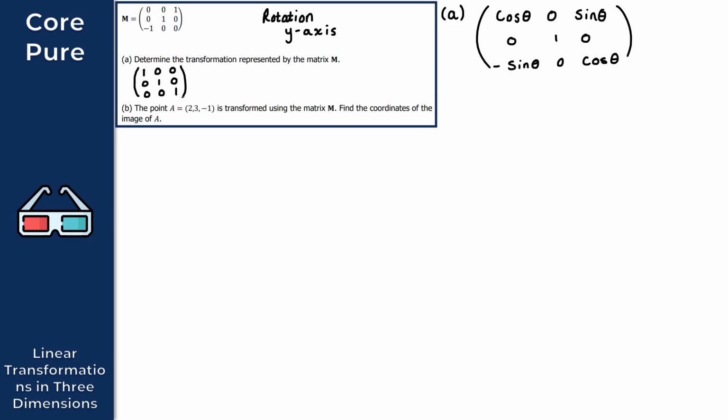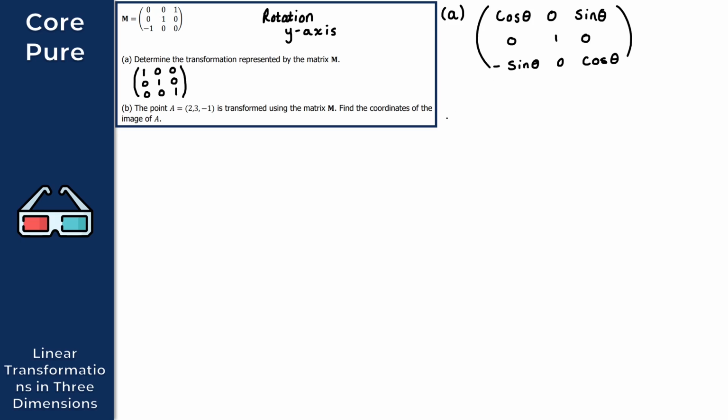Now, to identify the angle of rotation here then, I need to match up these elements. So for example, cos theta and 0, sine theta and 1, minus sine theta and -1, and then finally cos theta and 0 here.